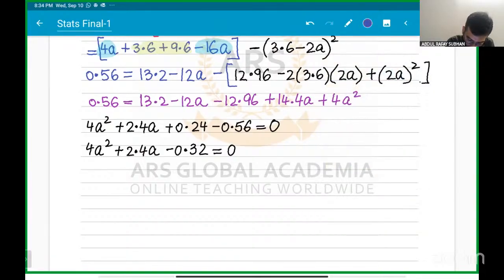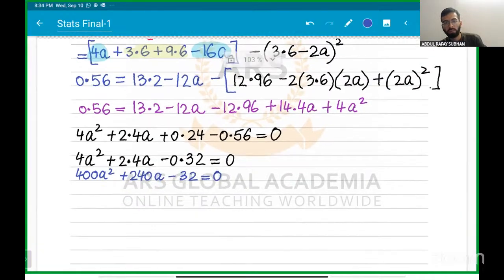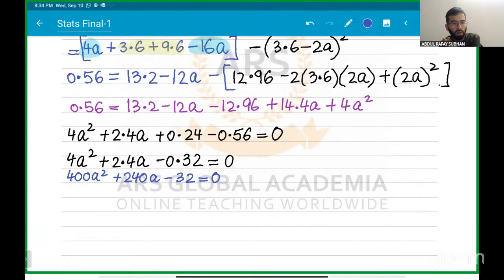So if I multiply with 100 both sides, it will be 400a square. 2.4 times of 100, that will be 240a, and minus 0.32 into 100, that will be minus 32. Trying to remove the decimal, okay? That's why decimal removing is better. 400a square plus 240a minus 32.